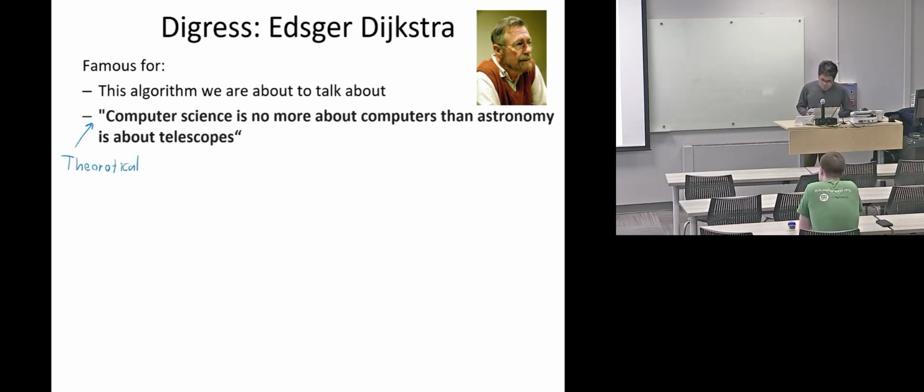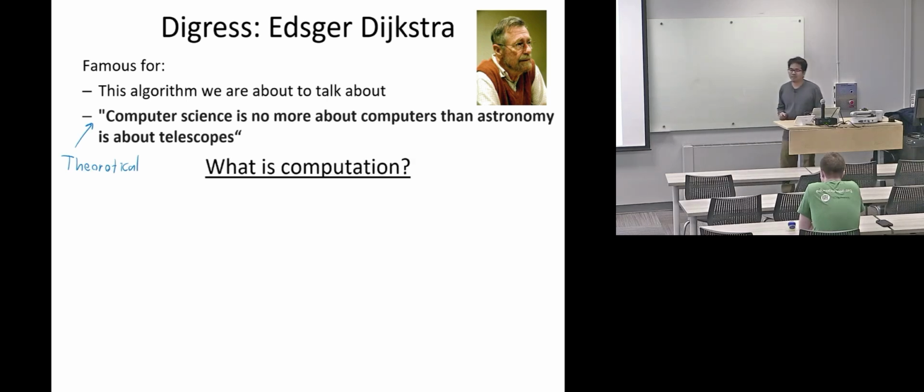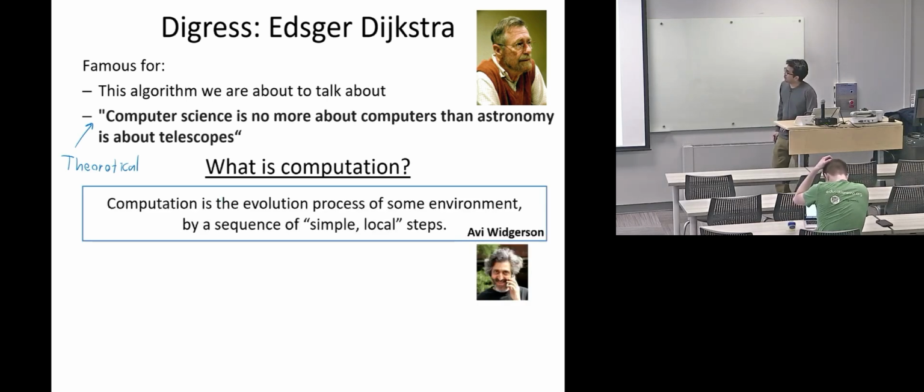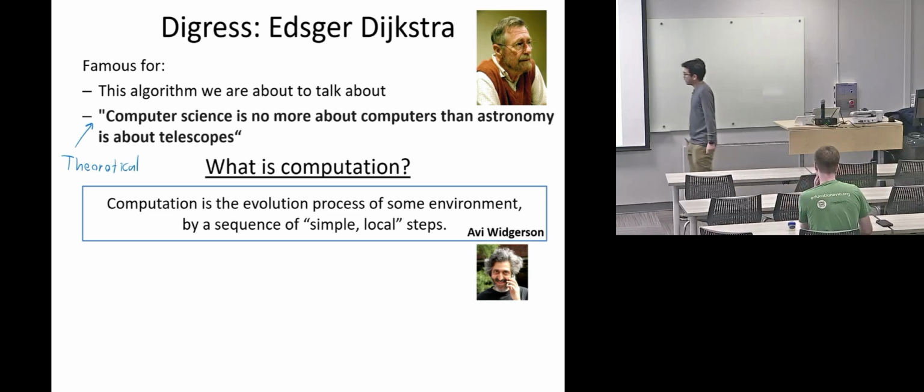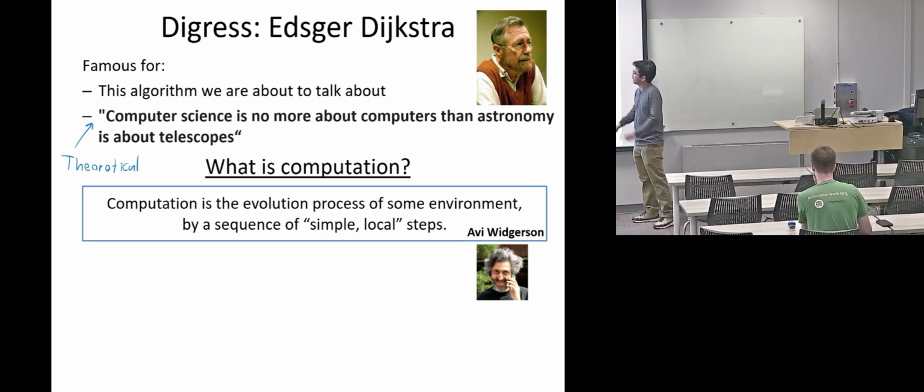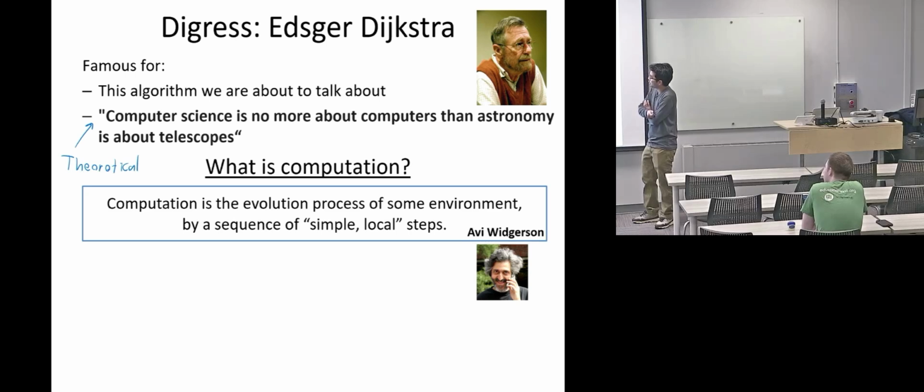Because when you ask yourself, what is computation? One of the big figures in TCS, Avi Wigderson, tried to define computation, and what he said is that computation is really just the evolution process of some environment by a sequence of simple and local steps.